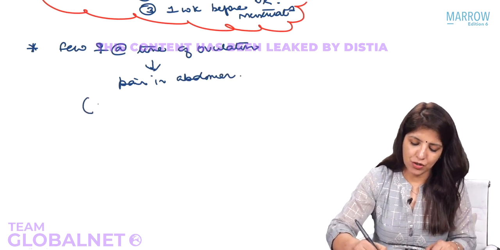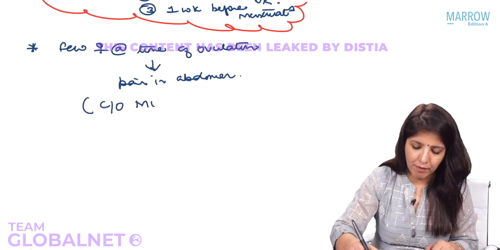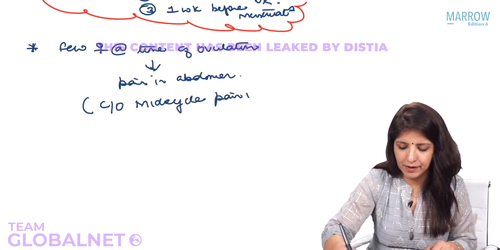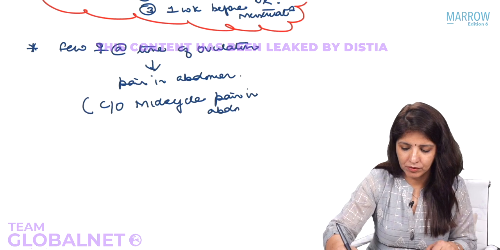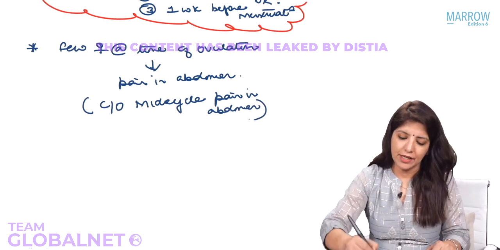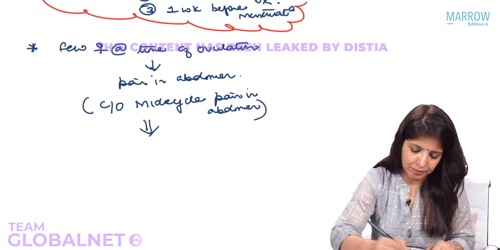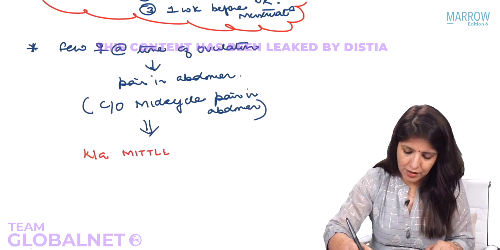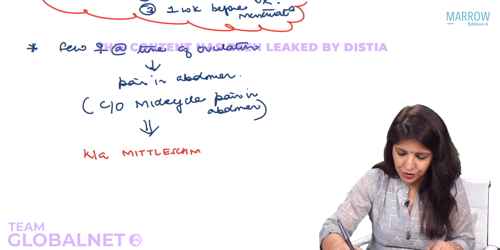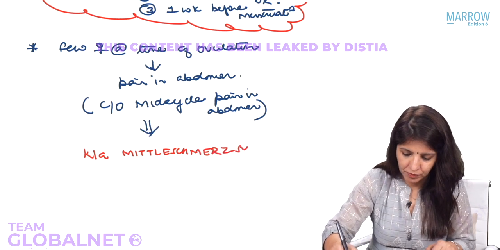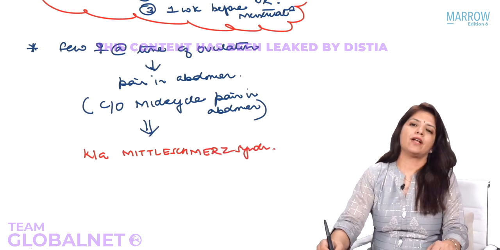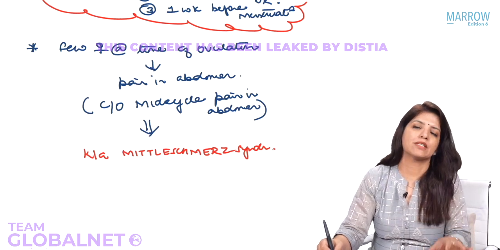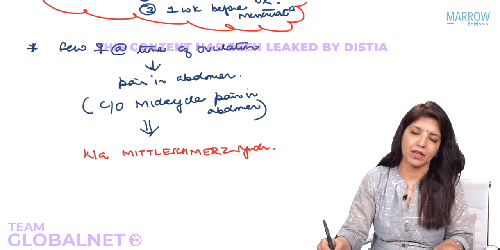So these patients complain of mid-cycle pain in the abdomen, right? This is called Mittelschmerz syndrome. Pain in the abdomen at the time of ovulation. So it's a mid-cycle pain, right?